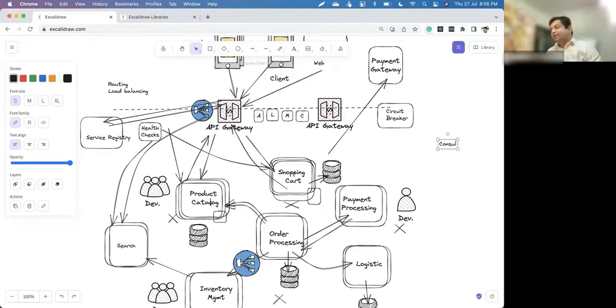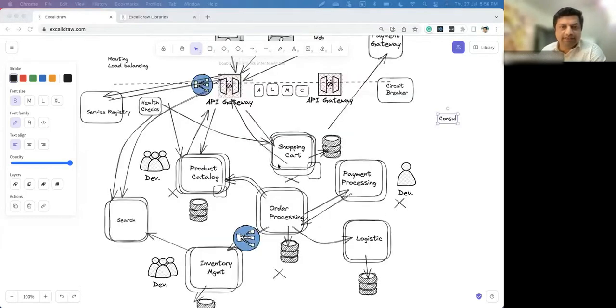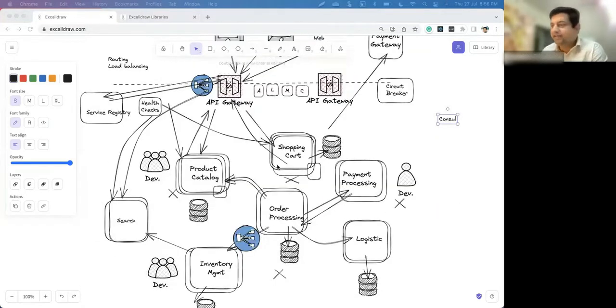So this is the difference between client-side and server-side service registry. Right? But yes, just remember that whenever any new service is initializing, it will register to the service registry. So this is about the service registration pattern.